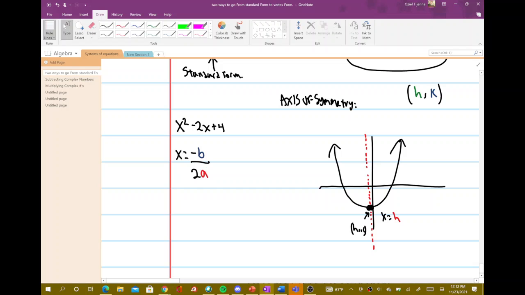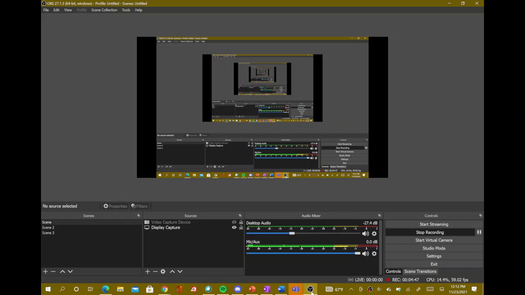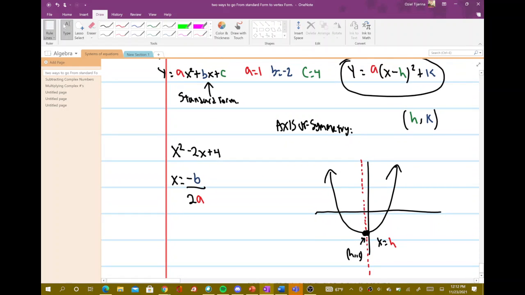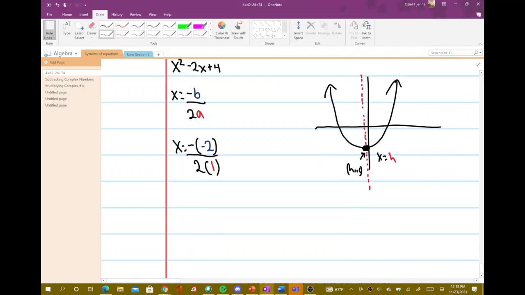We're going to use this to find the x value of our vertex, which is x equals h, the axis of symmetry. So we're going to say x equals negative of -2 over 2 times 1, right? So then this is x equals 2 over 2, which is 1. So we know that x equals 1. This is our axis of symmetry.